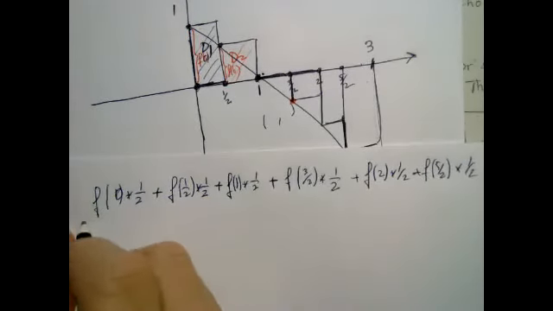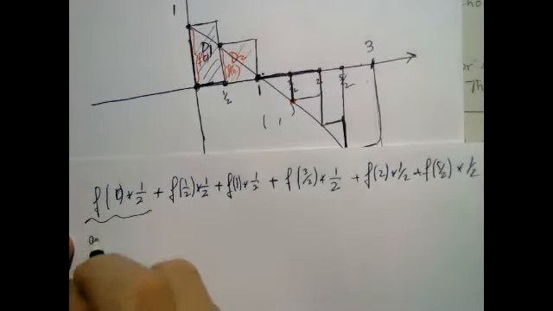Okay. f of 0, area of D1. f of 1/2, area of D2. Now, this happened to be a 0. What is f of 3/2? The value of f at 3/2 is a negative number.